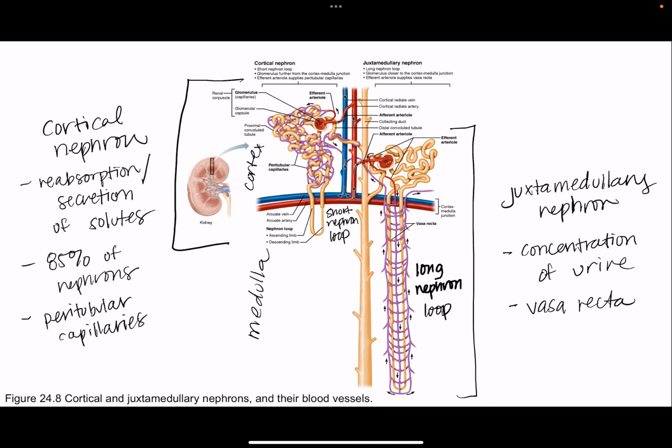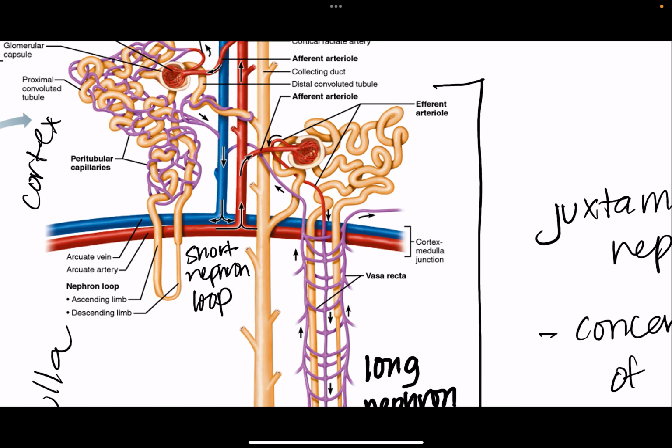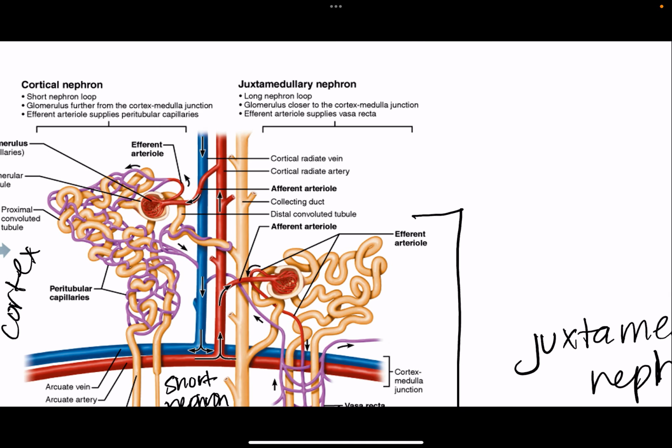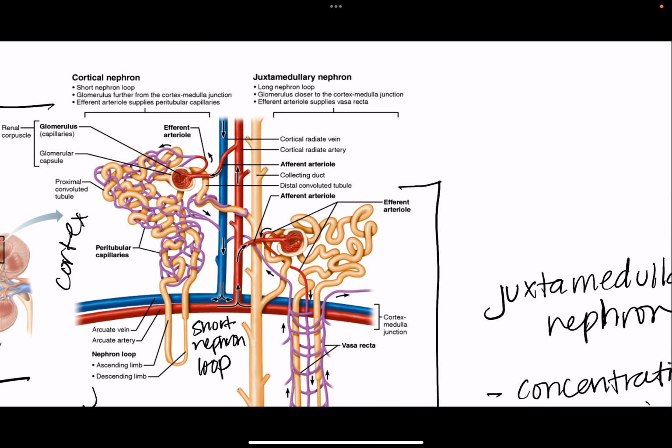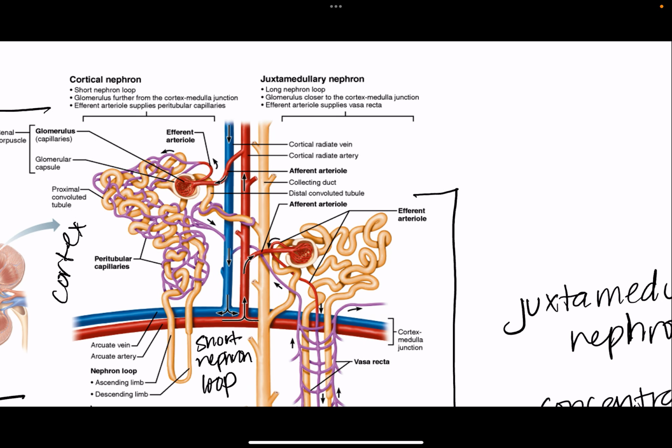Now, I think it's your book that says it's the ascending limb. Okay. But it also, so right here, this is the juxtaglomerular complex here.